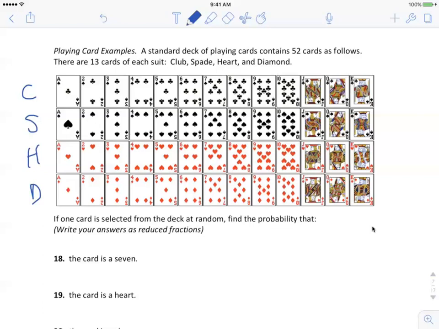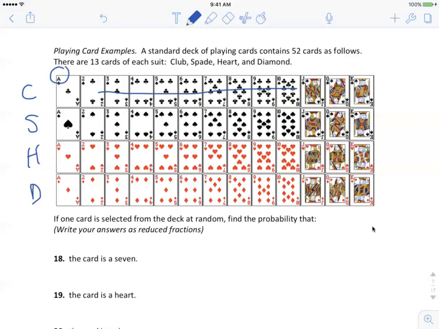Within each suit, there are values on the cards. There's 13 of each one, and they range from an ace, which is kind of like a 1, and then 2 through 10. That's the numbers. And then you've got Jack, Queen, King, which are the face cards.